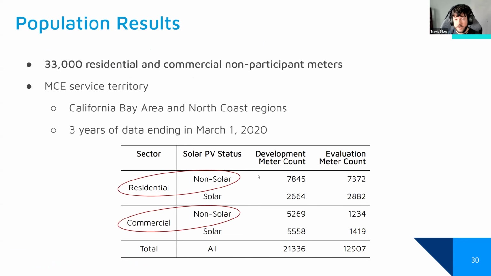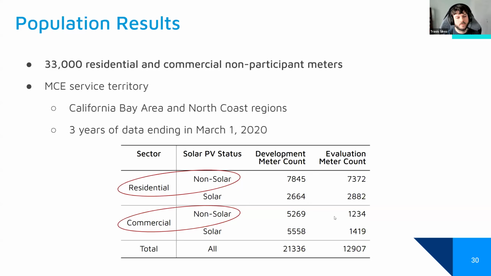To begin with all of this, let's just say that this is a pretty extensive set of data that we tested all of this on, and that we fit and so forth. It is 33,000 residential and commercial non-participant meters, all from the MCE service territory, which is California Bay Area and North Coast regions. We used three years of data ending in March 1st of 2020.